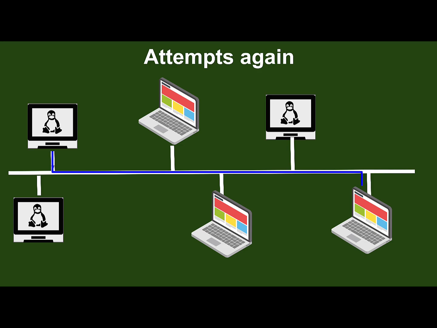For example, since there are a lot of PCs in the network, let's say collision happened again. It attempts around 16 times to send the packet. If in 16 times it's still not able to, then it discards the packet.